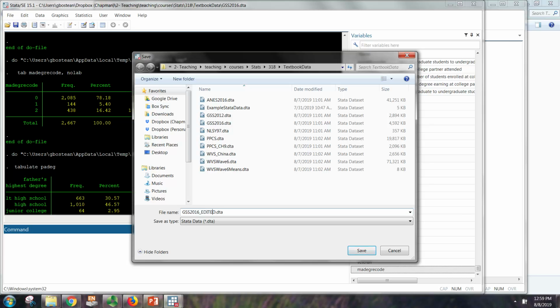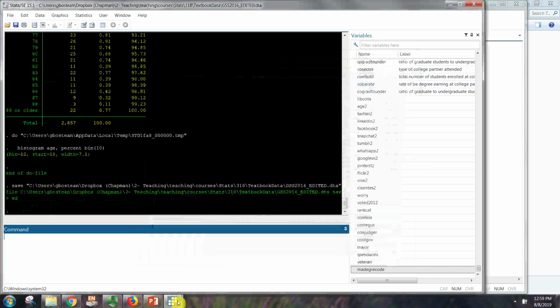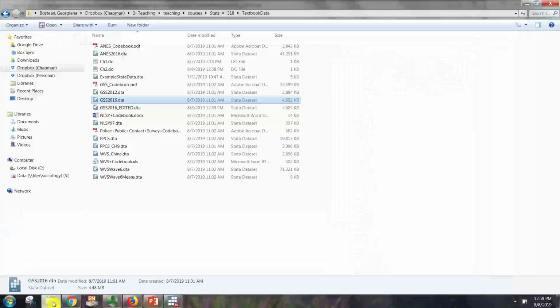I usually like to use an underscore edited to make it easy for me to identify that that is a data set, no longer the original data set. That is a convention that allows me to then go back to the original data set.